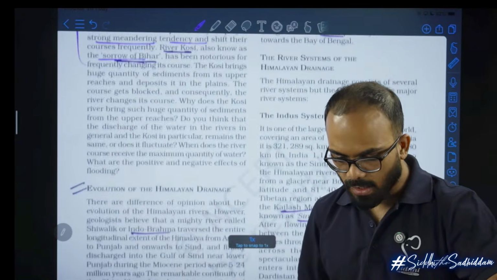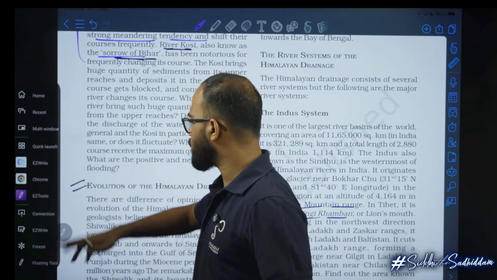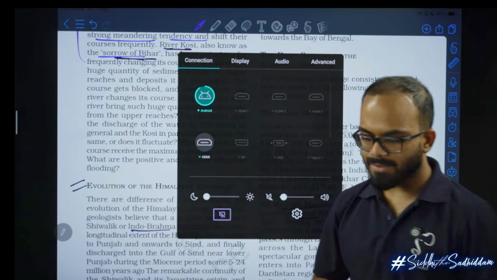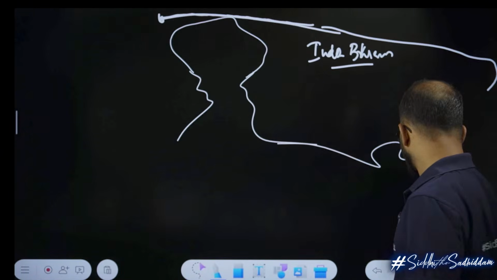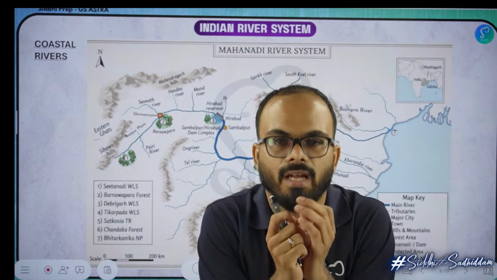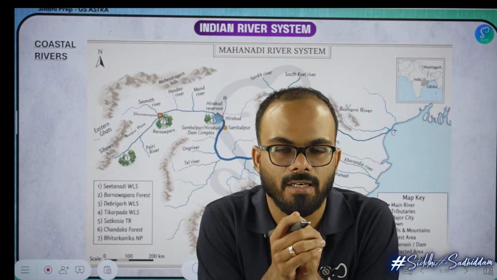This is important. Now we will take a look at the drainage system. So before I mark the notes of drainage system, I want you to understand how to study drainage system in the first place. How do you study drainage system? See, when we are studying about rivers, we know that every river has got three phases: youth phase, mature phase and adult phase.